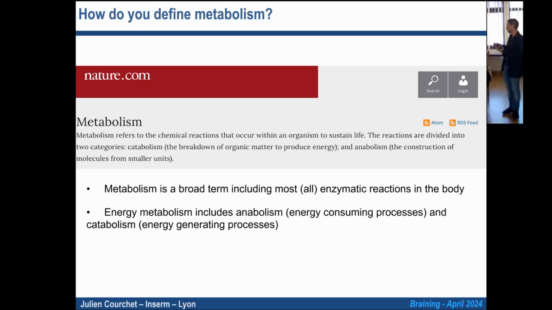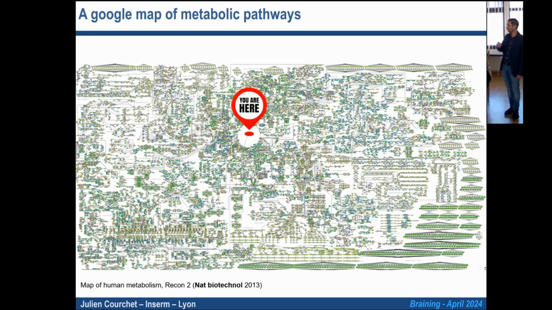For the rest of the talk, I will define metabolism more in the sense of energy metabolism. So loosely, how does the cell produce ATP, starting from glucose or fatty acids or other types of fuels. These are the metabolic pathways, and they have been studied by so many labs in so many fields.